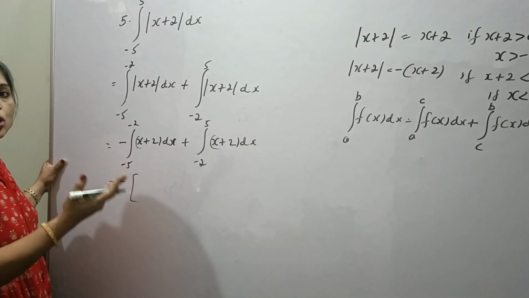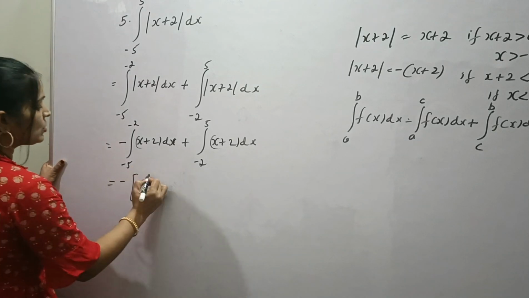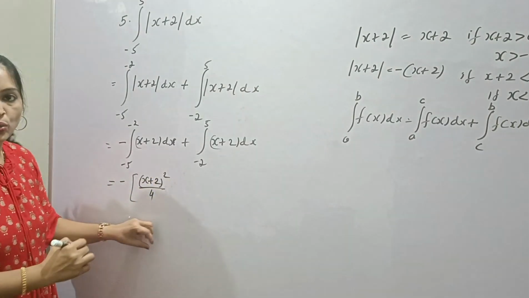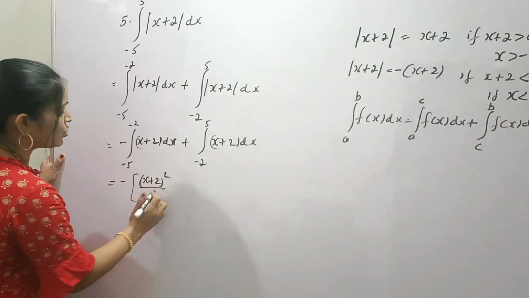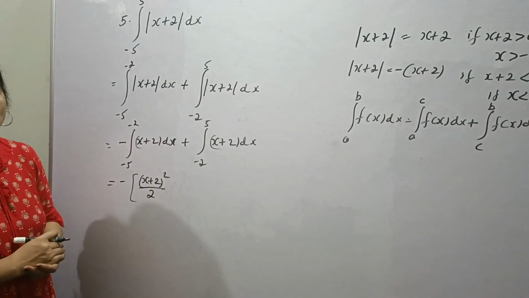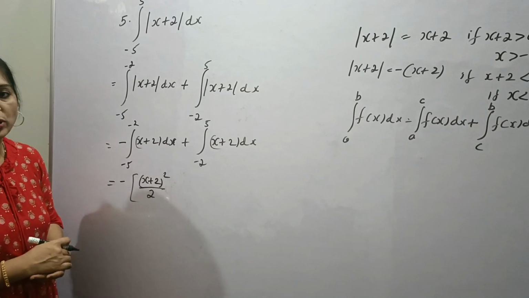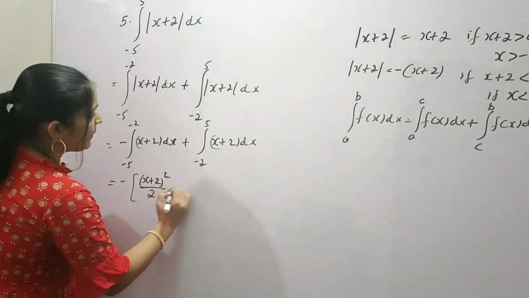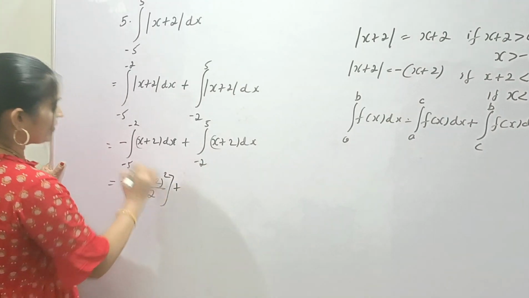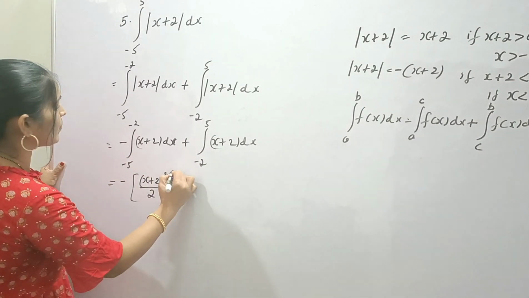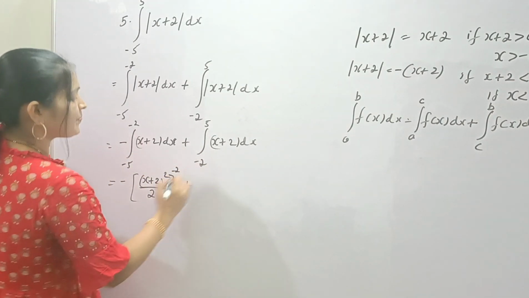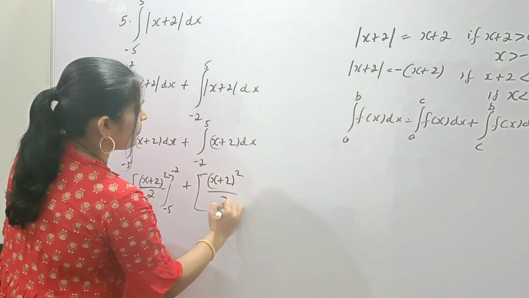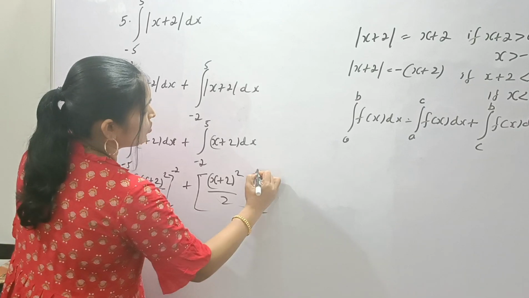So x plus 2 whole square divided by 2. The integral of x is x square by 2, so here it is x plus 2 whole square divided by 2. The limits are minus 5 to minus 2. Plus here also x plus 2 whole square divided by 2, from minus 2 to 5.